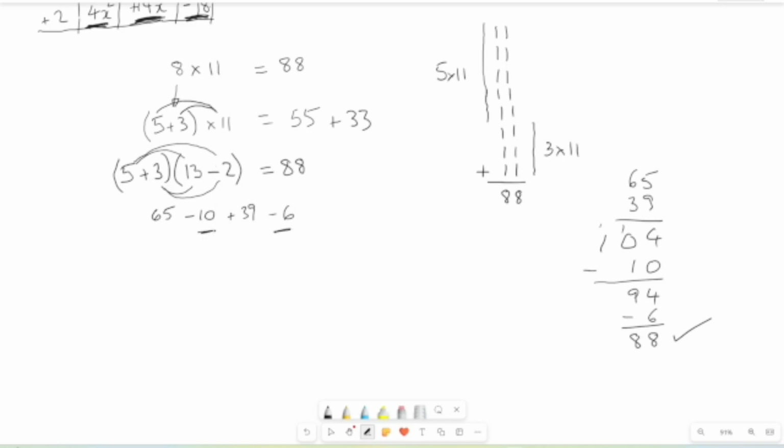So we wouldn't have these two terms. We know that with the terms it equals 88. If we hadn't subtracted the 10 and the 6, we would have got this number here, 104. That would be wrong.